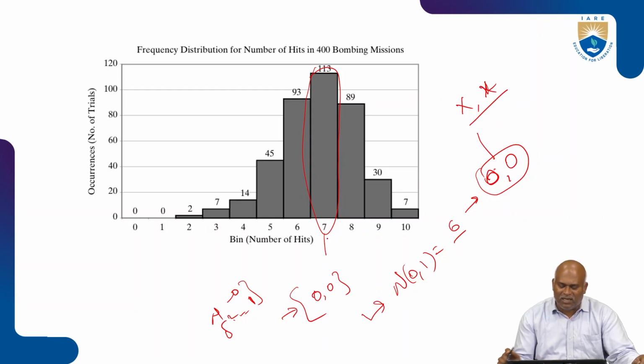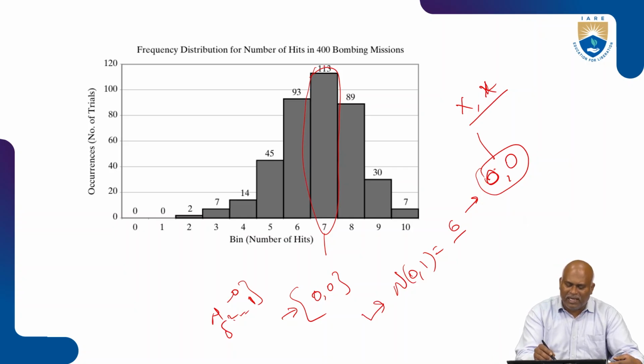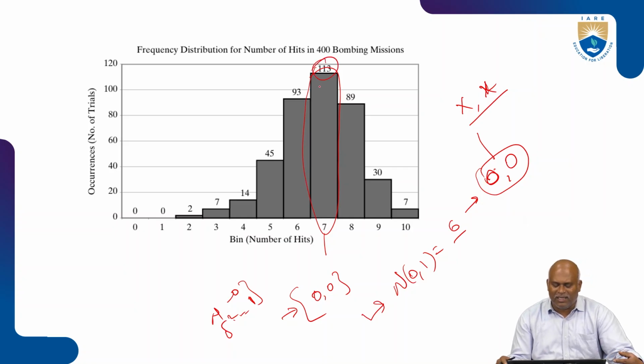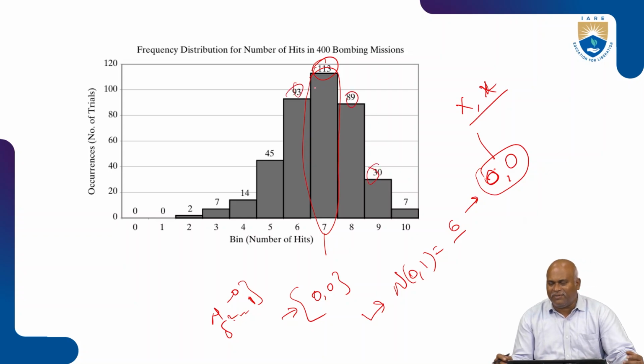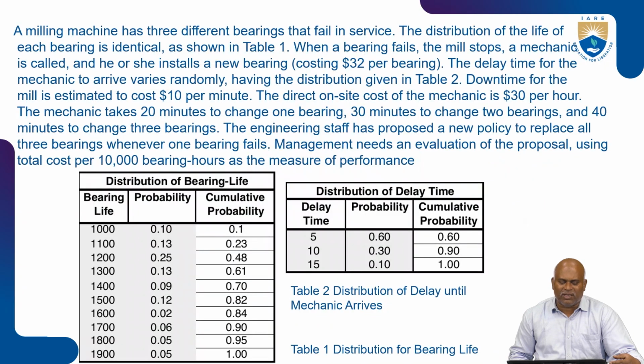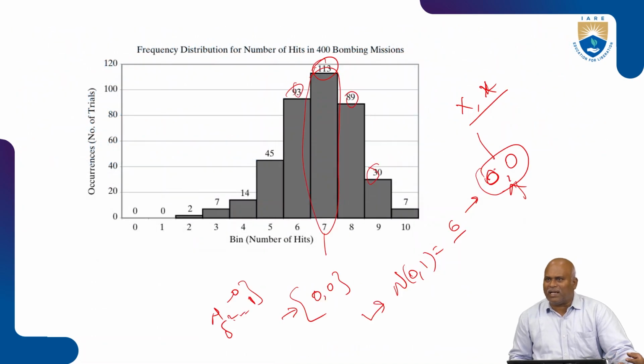Here there are 133 occurrences; the maximum trial happened for 133, and the remaining are very few. The hitting matches for 0, 0. In 18 cases, we hit with the maximum amount of bombs. So this represents the target hitting probability. The remainder we will see later.